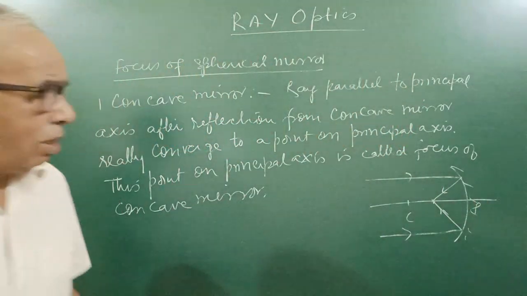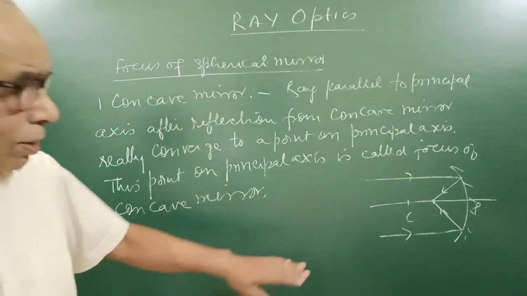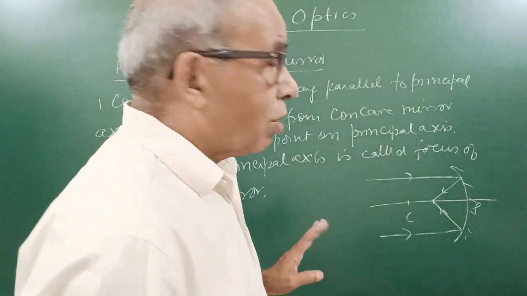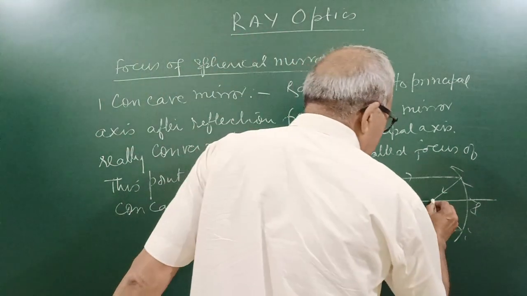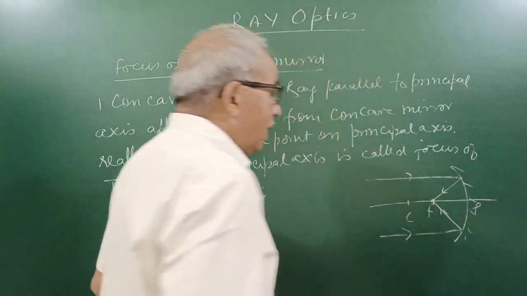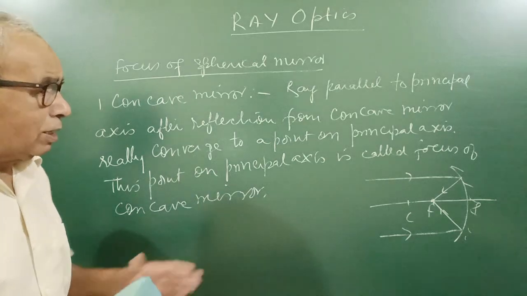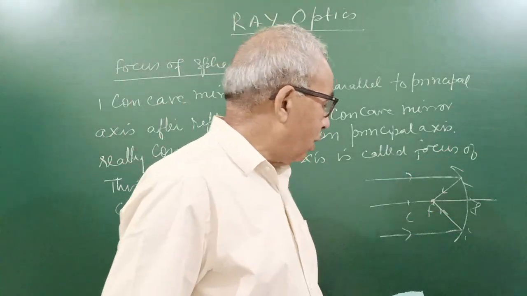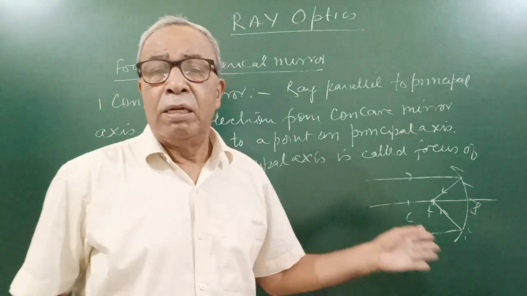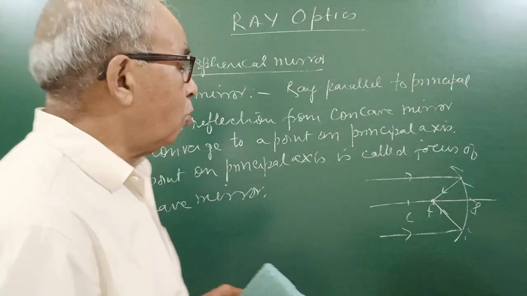Basically, the focus of concave mirror is the point on the principal axis where rays of light parallel to principal axis, after reflection from the mirror, converge. This is the focus.